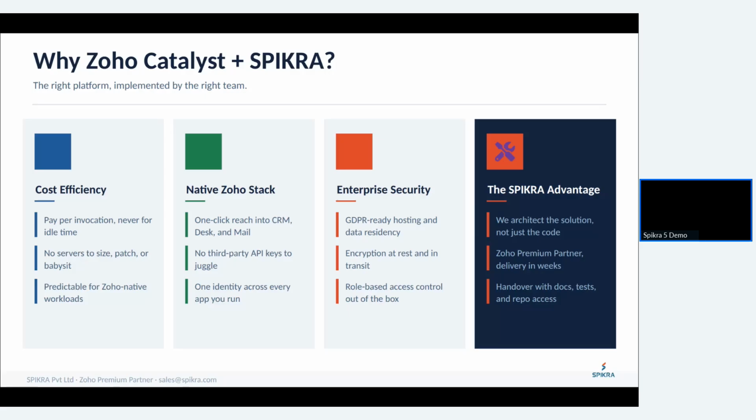Next, we'll understand why Zoho Catalyst and why you should come to Spikra for Zoho Catalyst integration and implementation. So the first thing for which you should consider Zoho Catalyst is cost efficiency. In Zoho Catalyst, you are paying per invocation.